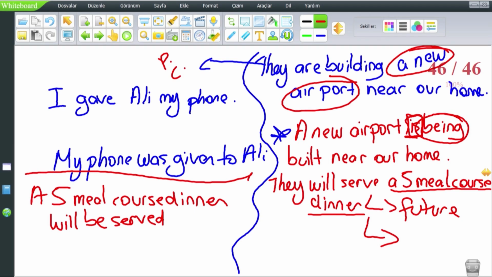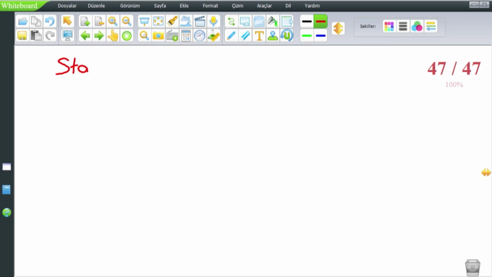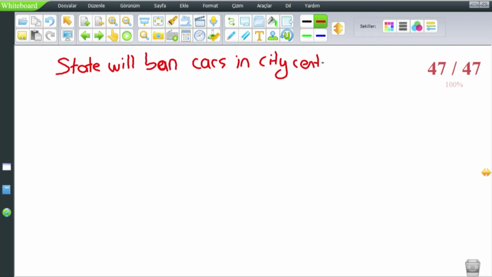The state will ban cars in city center. My tense is future, and my object is cars.